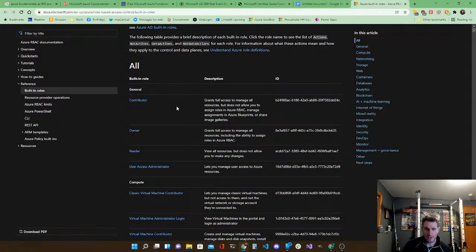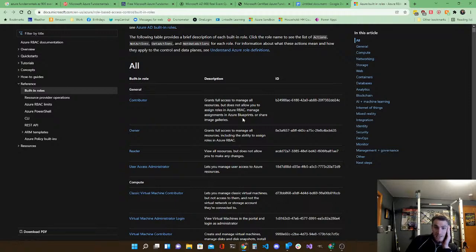Contributor grants full access to manage all resources, but does not allow you to assign roles in Azure role-based access control, manage assignments in Azure Blueprints, or share image galleries. So full access to manage all resources. That means that you can delete them, update them, do all sorts of different stuff.